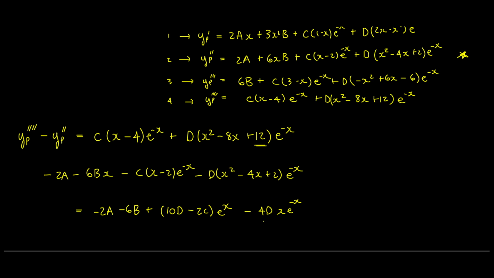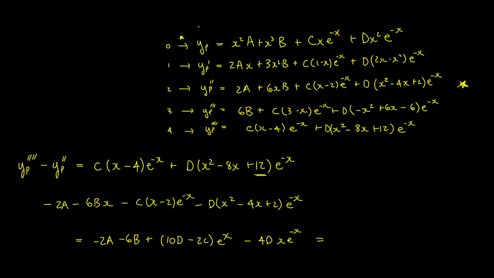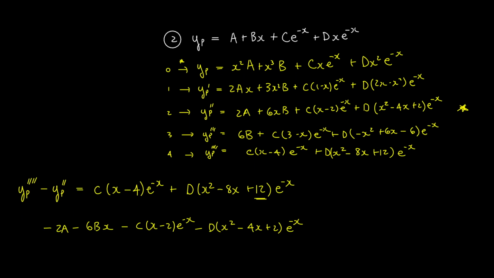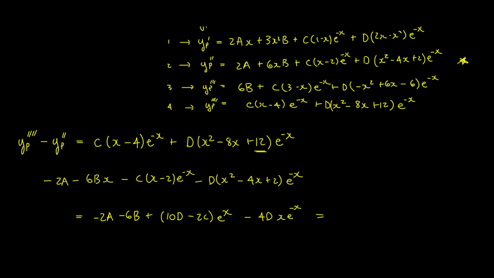But the general point is that now we know what this should be equal to. This is supposed to be our particular solution, so it has to be equal to 4x plus 2x e to the negative x.